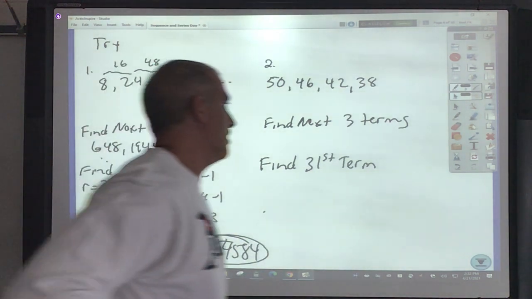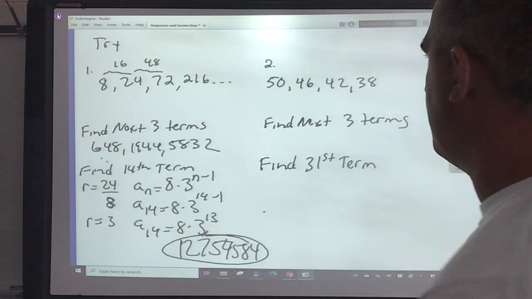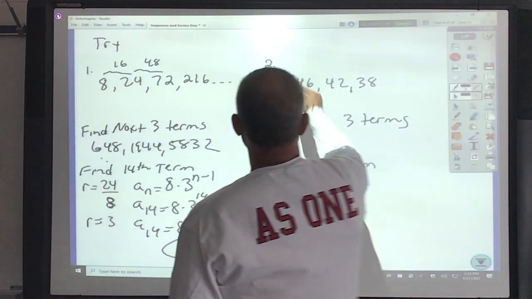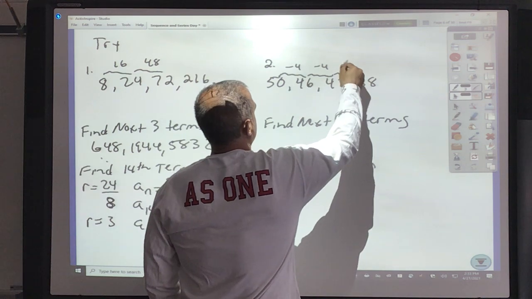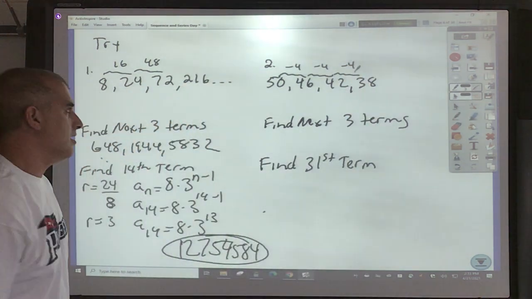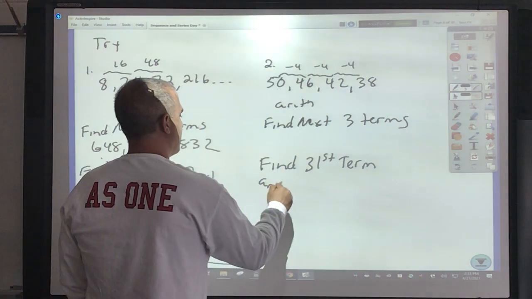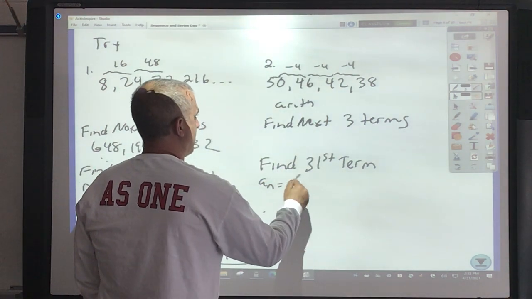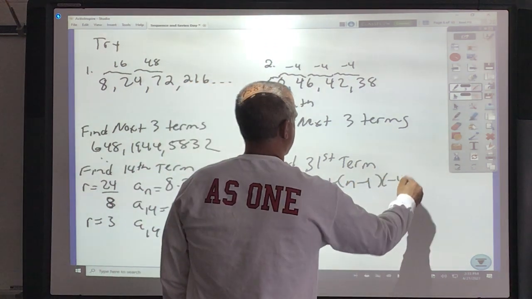All right, find the next 3 terms. Find the 31st term. So that would be minus 4. That'd be minus 4. That'd be minus 4. So obviously this is arithmetic. So AN equals A1 is 50 plus N minus 1 times negative 4.